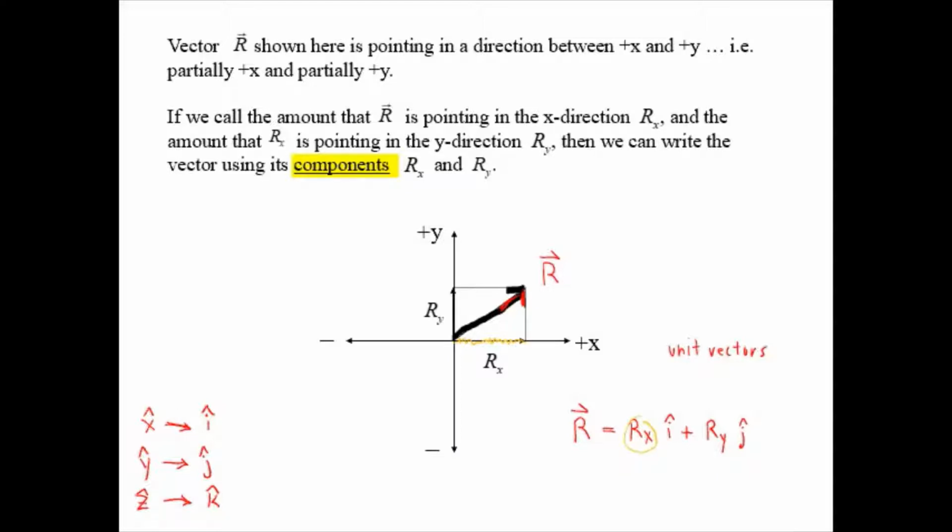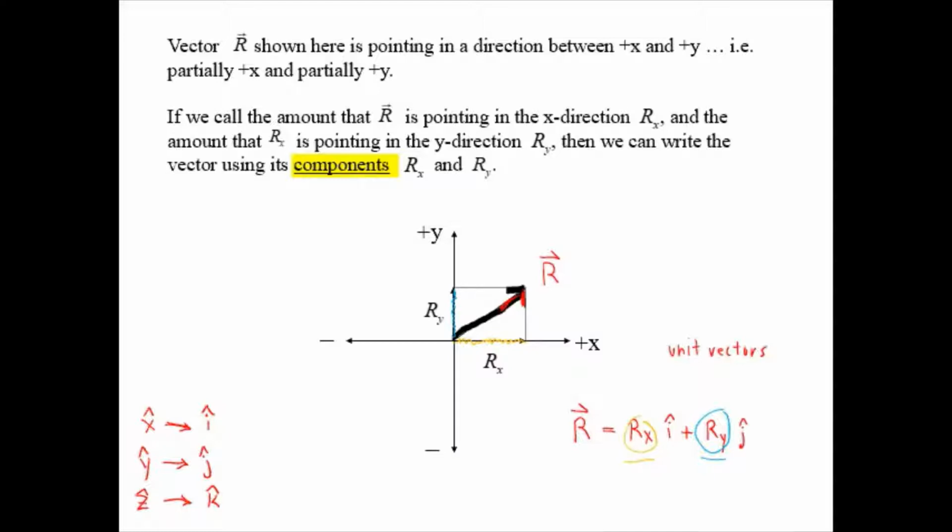Okay, the amount that r is pointing in the y direction, if I shade that in, that's the amount that vector r is pointing in the y direction. So the i and the j simply indicate to us which component is r sub x and which component is r sub y. Okay, so that's one way we can indicate the direction of a vector.